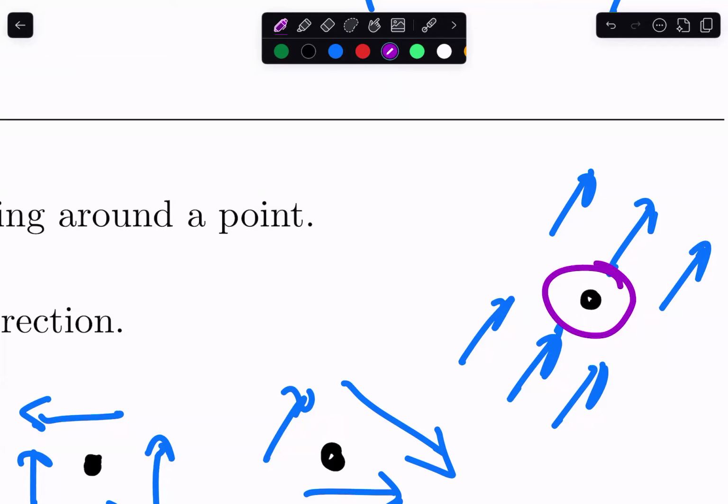The ones that are pushing under it, close to the bottom of it, are going to want to rotate it in this counterclockwise direction. And the ones that push on top of it, if I'm just barely skimming it, are going to want to push it in the clockwise direction. And so again, those are going to cancel out.